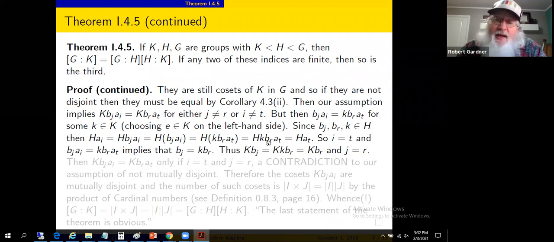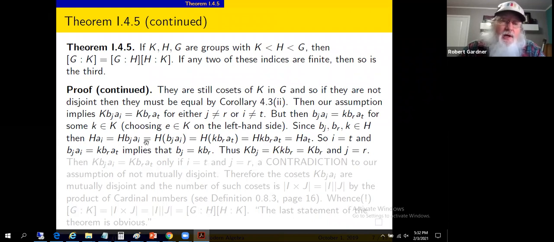What we get by taking all those products is simply H again. And so we've got H A sub T. So the conclusion is that H A sub I equals H A sub T.